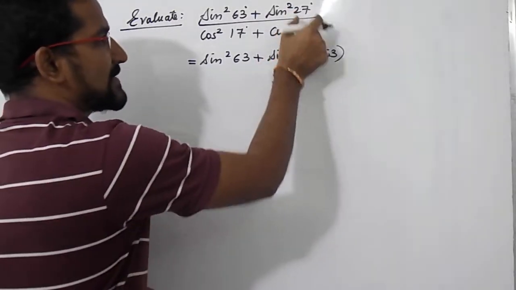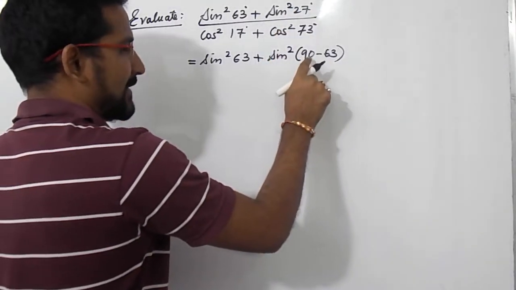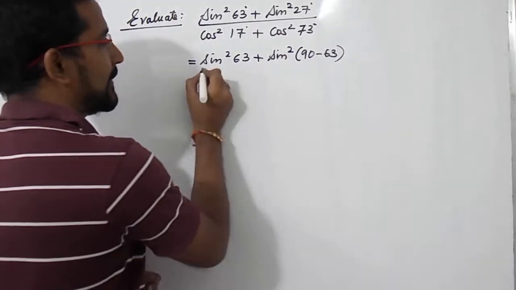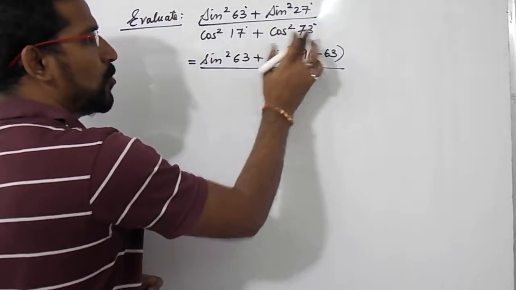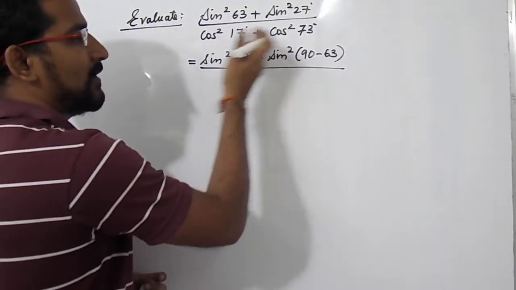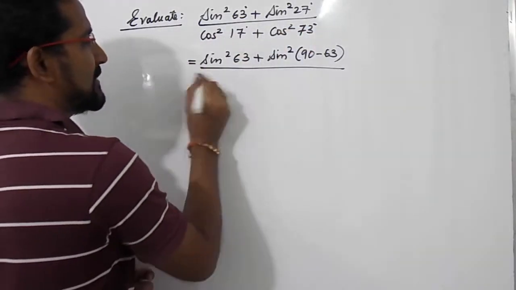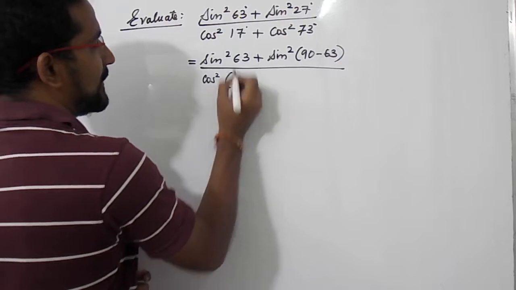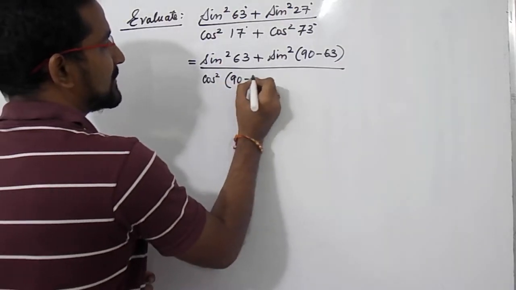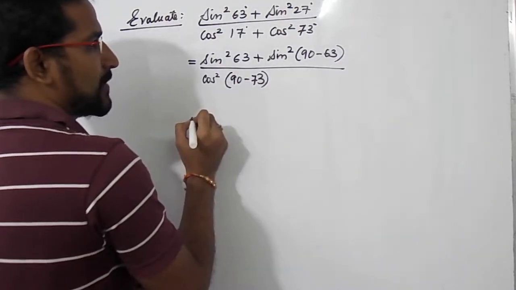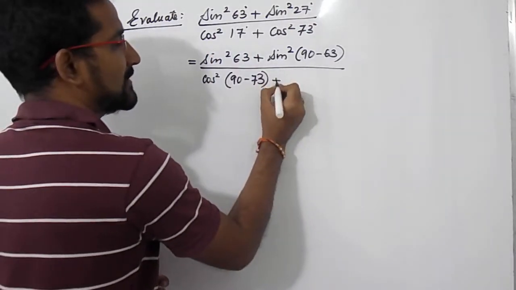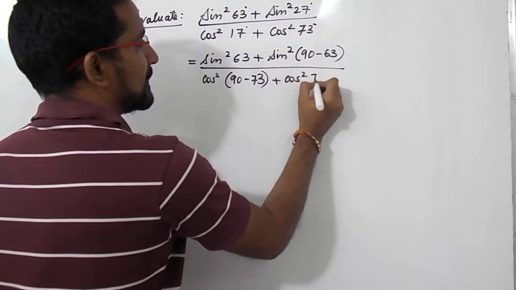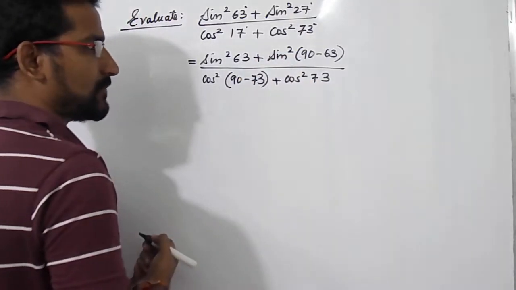So in the place of 27 we have written 90 minus 63, divided by, now in this, out of the two you can change either 17 or 73. If I change 17, I can write here 90 minus 73, since 90 minus 73 is nothing but 17, plus cos square 73.